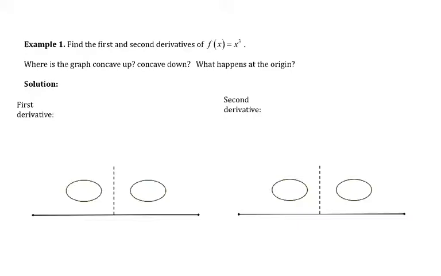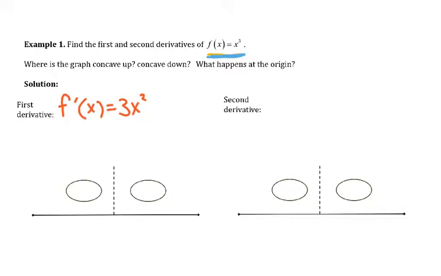So let's examine this graph in a little more detail. f of x equals x cubed. The first derivative is simply, let's see, f prime of x equals 3x squared.